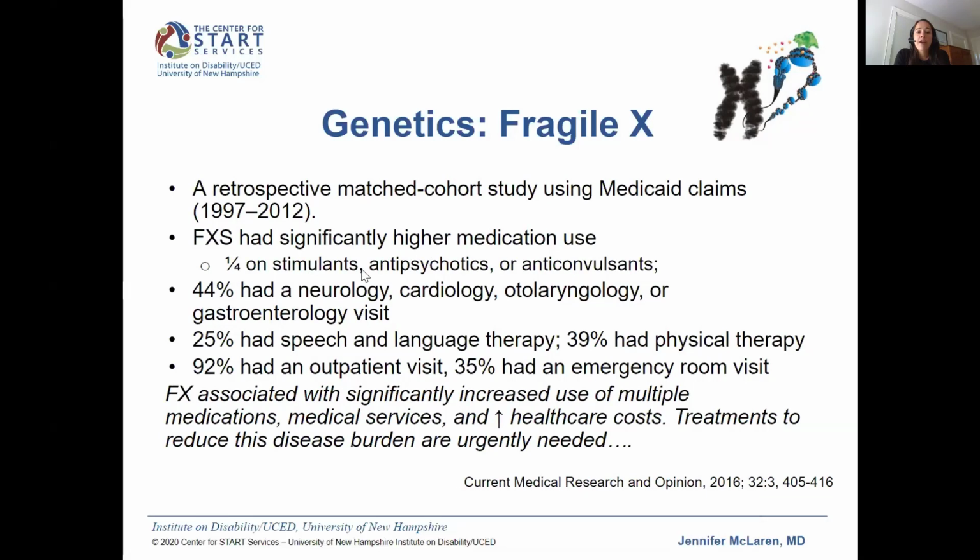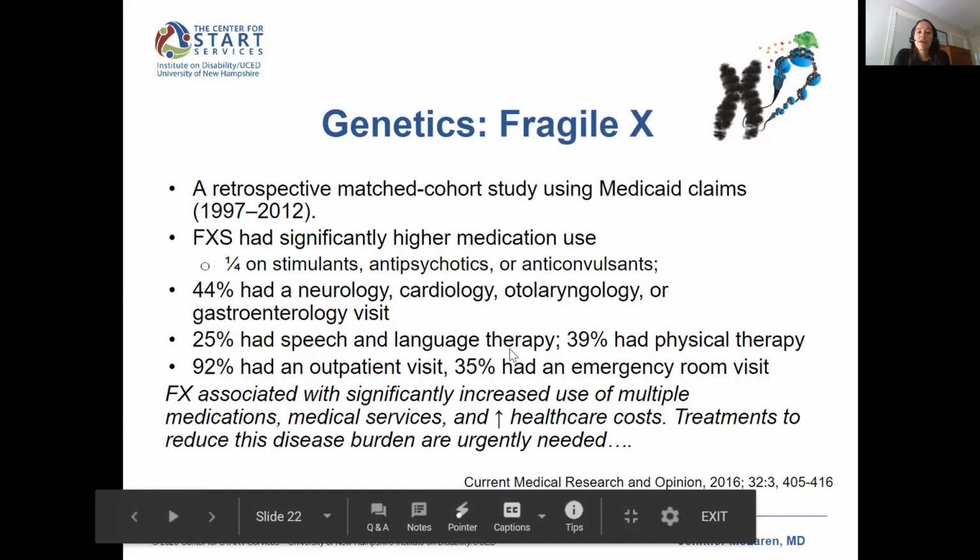Compared to a cohort of age and sex matched controls, individuals with Fragile X had higher medication use in terms of stimulants, antipsychotics, anticonvulsants, but also had larger teams of providers. 44% had visits to neurologists, cardiologists, otolaryngologists, gastroenterologists. 25% had speech and language therapy. 39% had physical therapy. 92% had an outpatient visit, 35% had an emergency room visit.